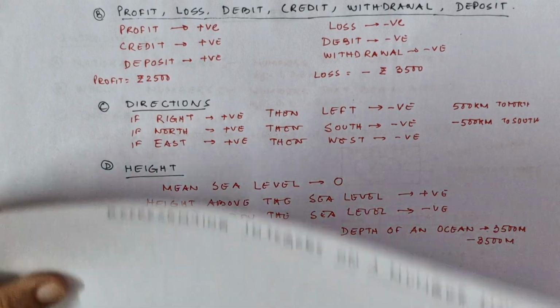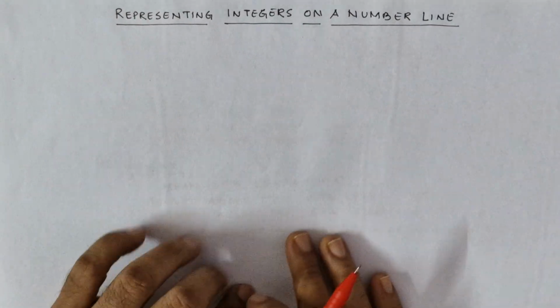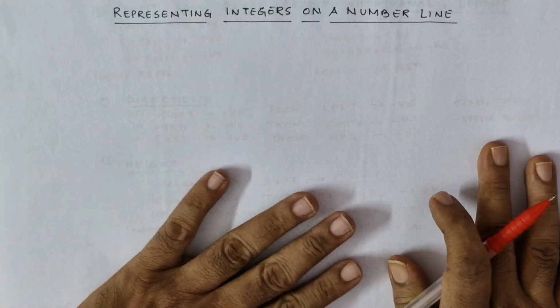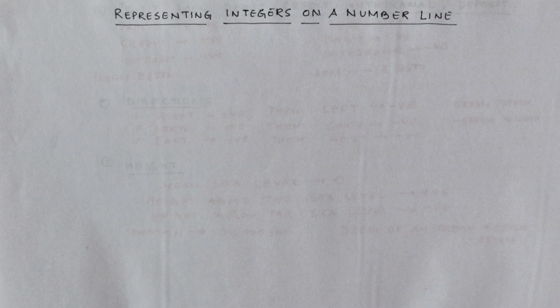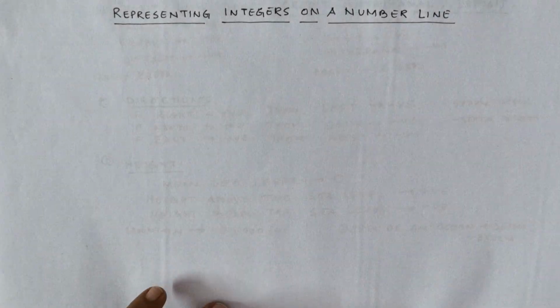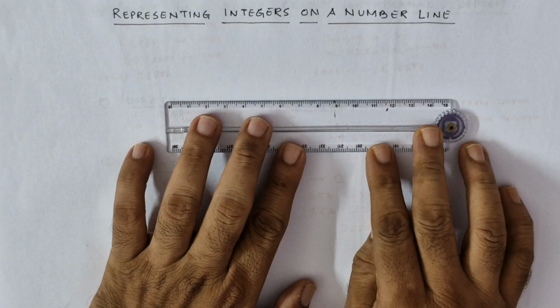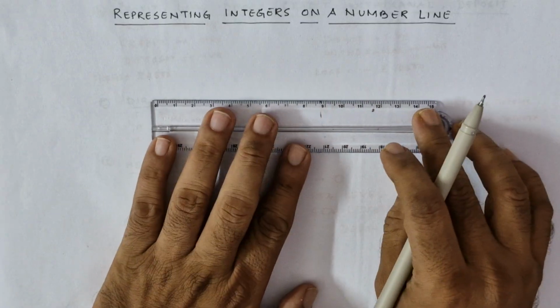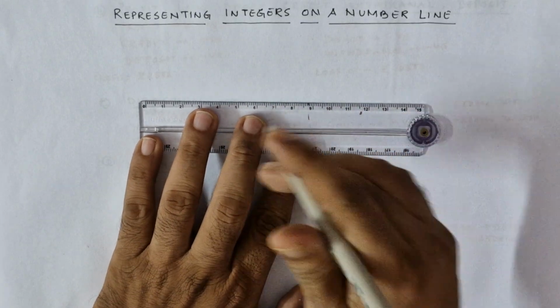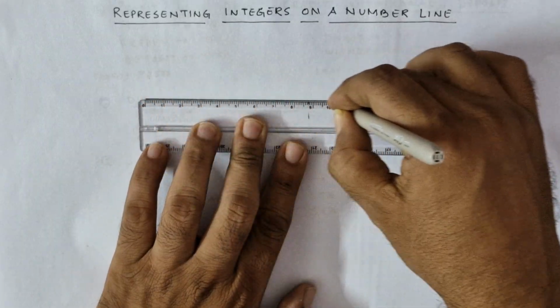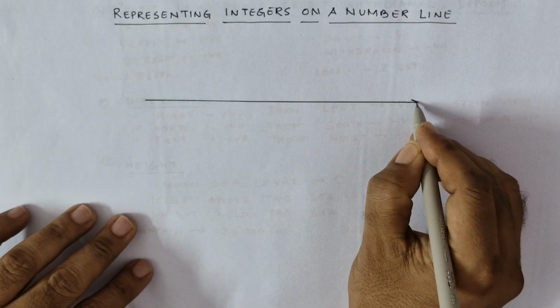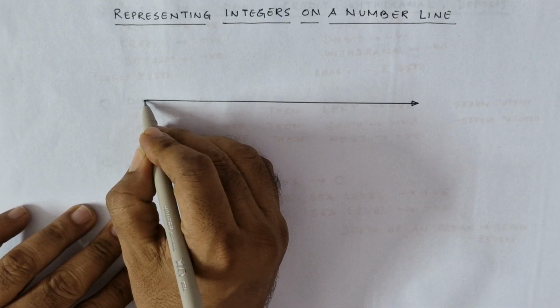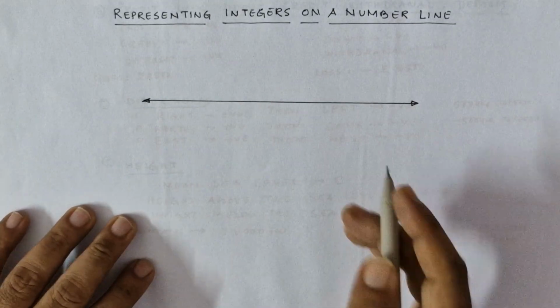Okay. So let's move on to representing integers on a number line. Got it? So how do we draw a number line? Let's see. Take a scale and draw a line. At the end of the line, put two arrows, which means both ends go to infinity.